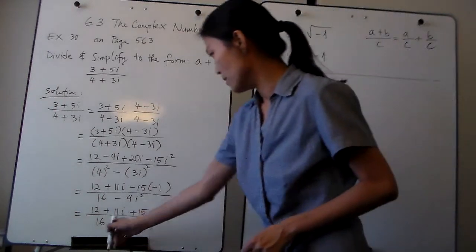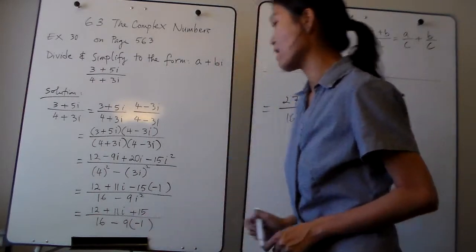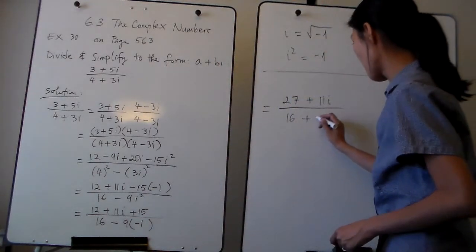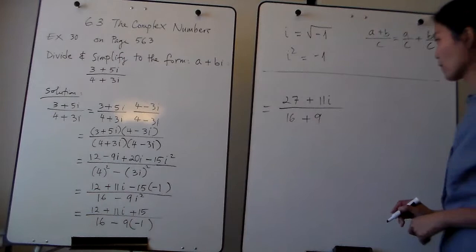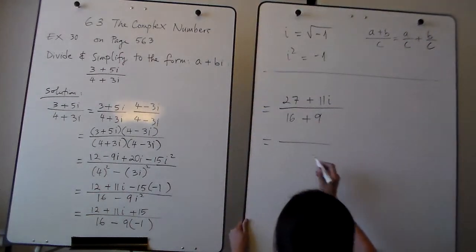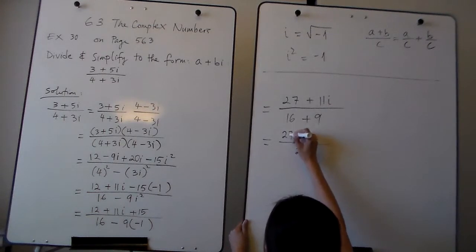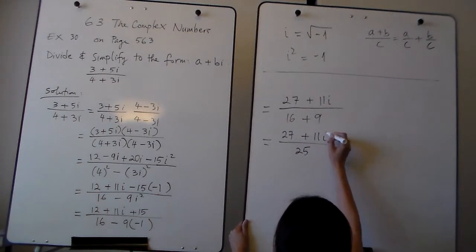And the denominator, 16, negative 9 times negative 1 is positive 9. Then simplify the denominator, 16 plus 9 is 25, so we get 27 plus 11i over 25.